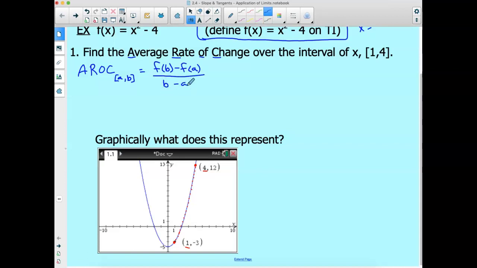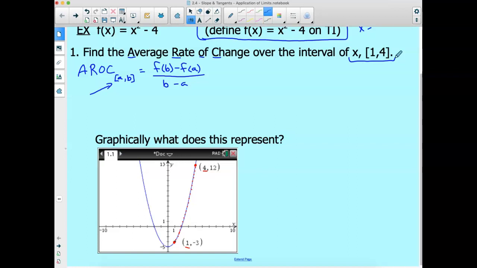It's important to see that this interval is always an interval in terms of x. We're finding all of these points, and it's simply just the slope between these 2 points.